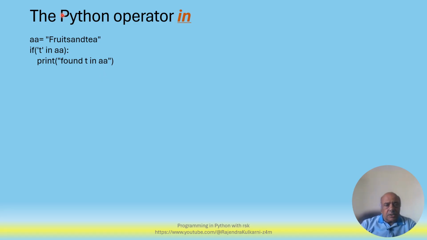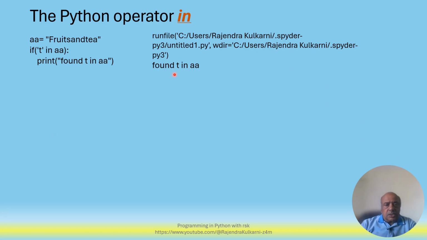Whenever T appears as the first instance, in will stop traversing and give the output found T in AA.